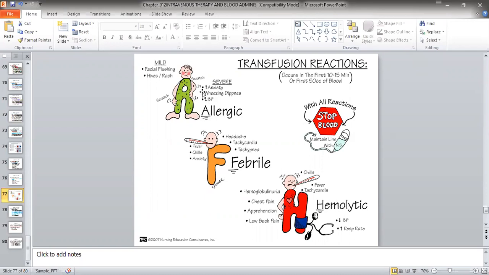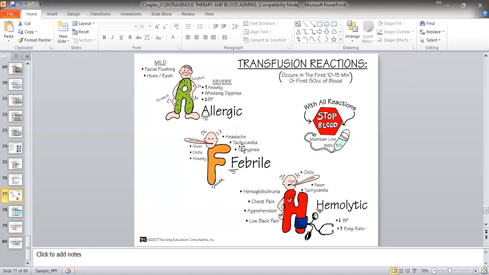If I start one by one, allergic reaction: the patient may have anxiety, shortness of breath or wheezing, dyspnea. Dyspnea means shortness of breath. Or hypotension, decreased blood pressure. Allergic reaction sometimes shows on the face. It is called facial flushing, hives, or rash all over the body.